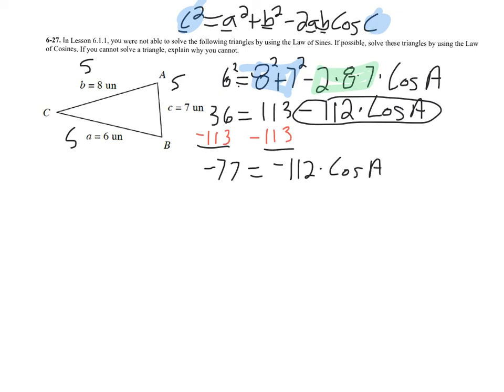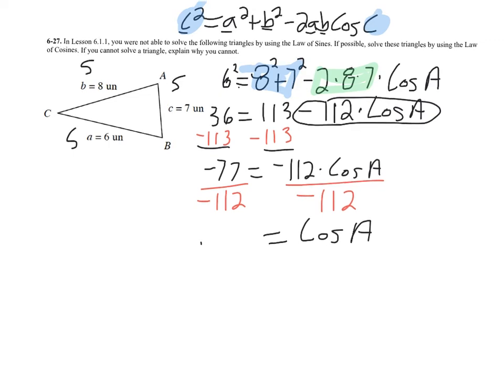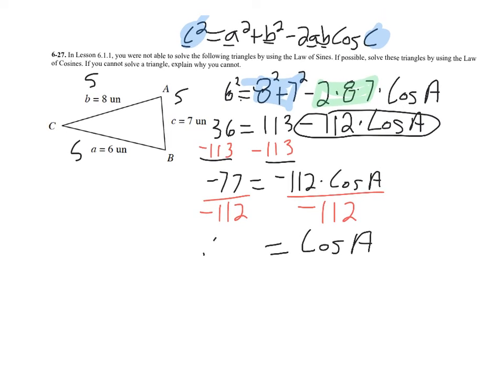Then divide both sides by a negative 112. And the cosine of A equals 0.6875.